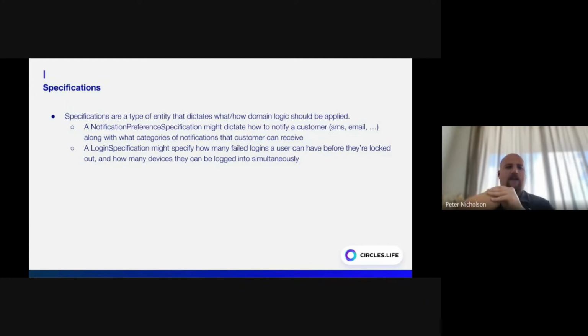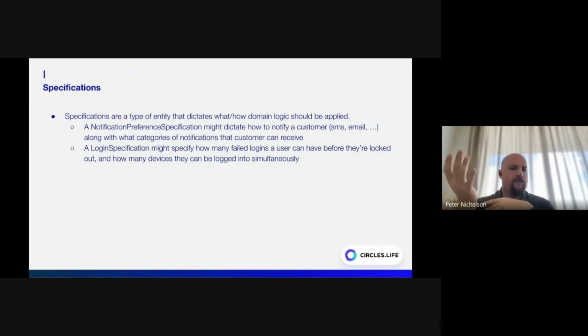Our specifications are a type of entity that really dictates how and what kind of logic should be applied. Some abstract cases are a notification preference specification might dictate how to notify a customer if they want SMS, if they want email, along with what categories of notification the customer can receive.